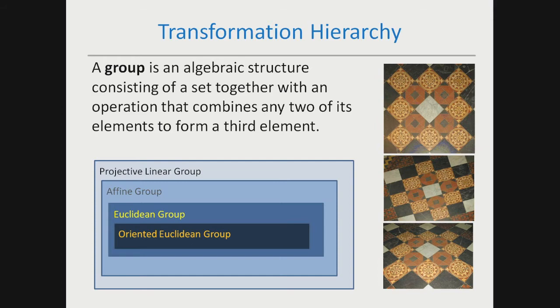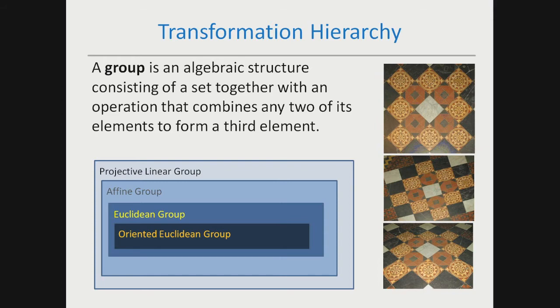Every one of them belongs to the projective linear group, but there is a hierarchy within these. What does the hierarchy mean? That the oriented Euclidean group, if we represent it, will be a kind of projective linear.